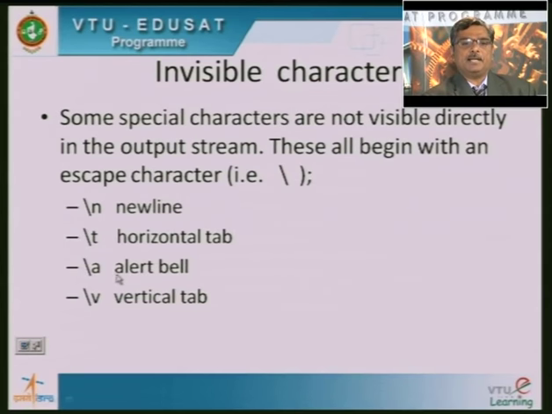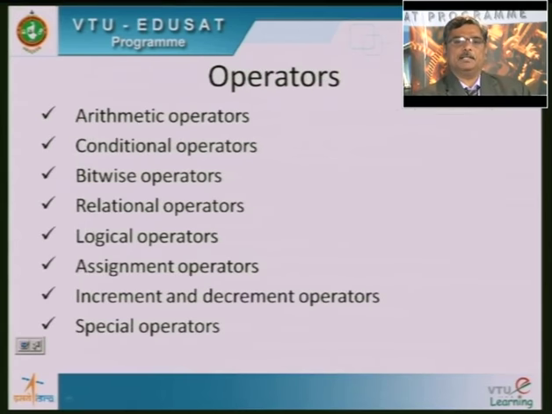If you want a bell alert, use \a. To move vertically, use \v. Like that, these are all the essential escape characters we will use in our programming while writing statements. Many times you will use \n and \t. These two are very essential for all your programs to display your output in a systematic fashion. So use these invisible characters in your programming.